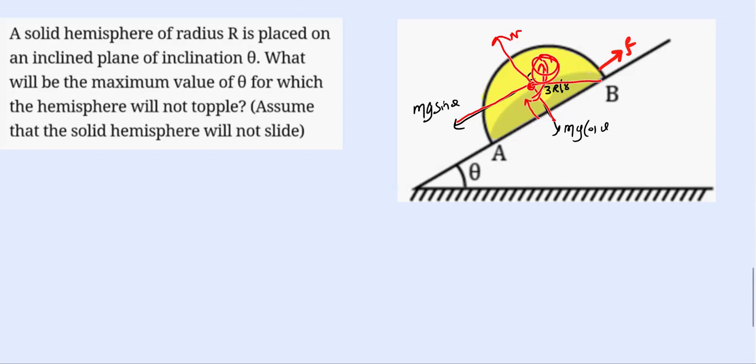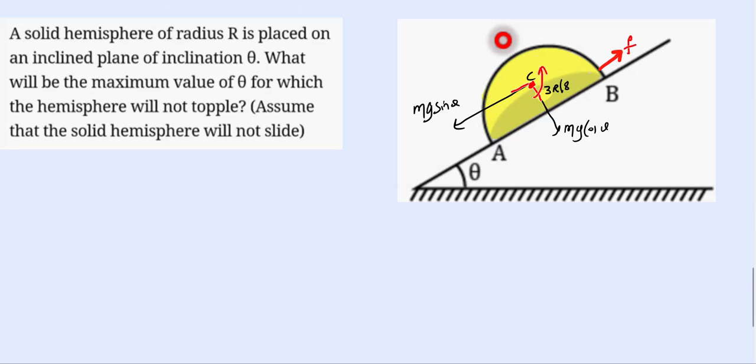So the normal reaction will start shifting. At one particular point, when about to topple, the normal reaction will pass through the edge point. This idea is very important. Once again: the torque due to mg sin theta and mg cos theta about the center of mass will be 0, and the torque due to friction will be anti-clockwise.